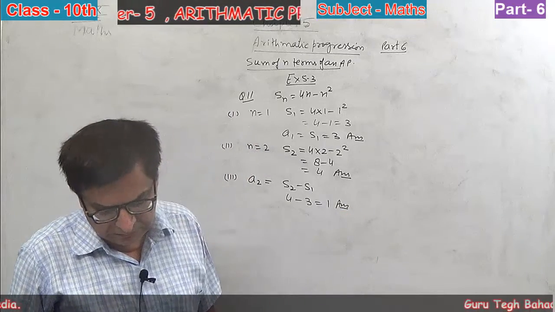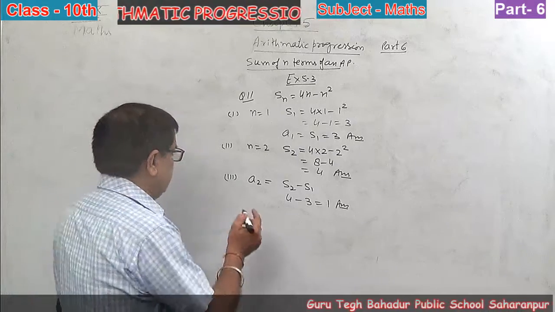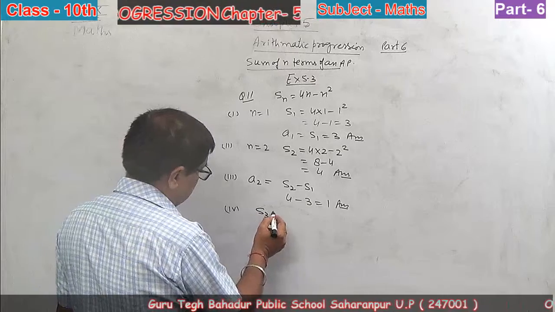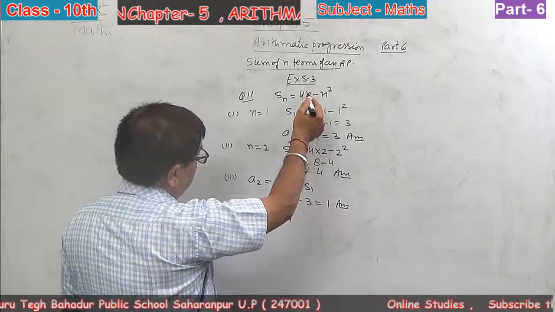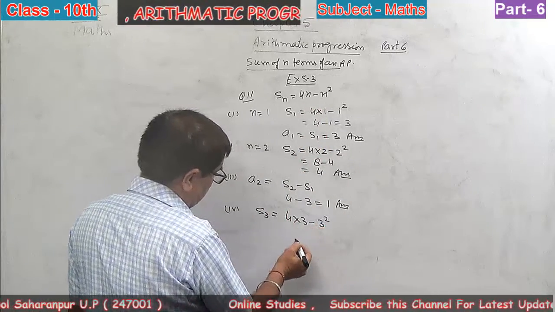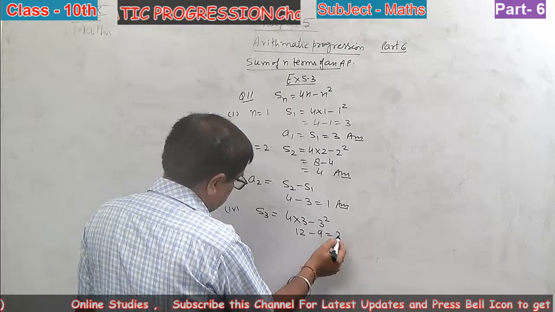Next, similarly find the third term. So, fourth part: S3, that is putting the value of n as 3. 4 into 3 minus 3 square, that is 12 minus 9, 3.